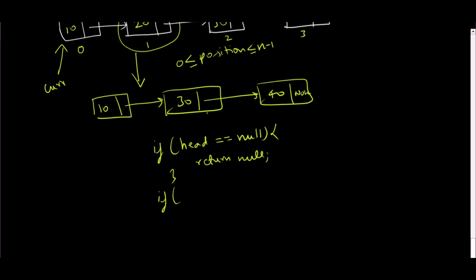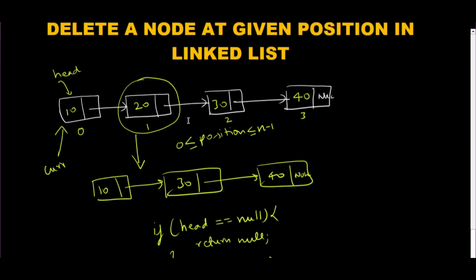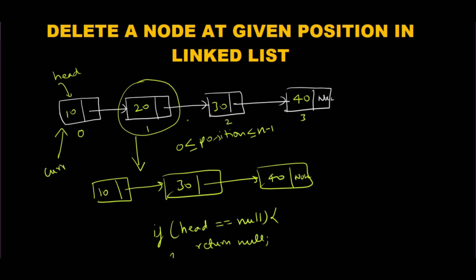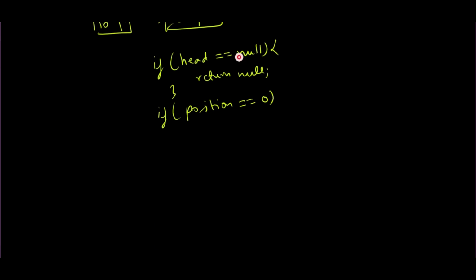So we will do if our position is equal to 0, that means we need to delete the first element of the linked list. So to delete it, we simply need to make this head's next equal to null. So we will do head next equal to null, and our second element will become the head.